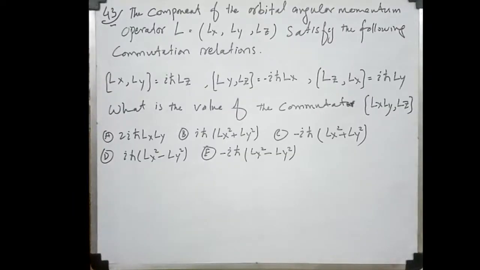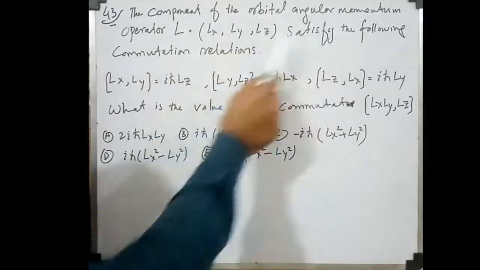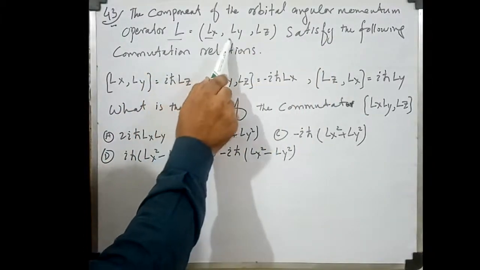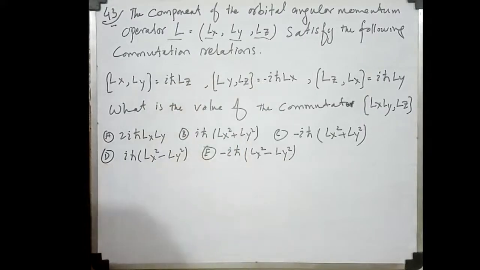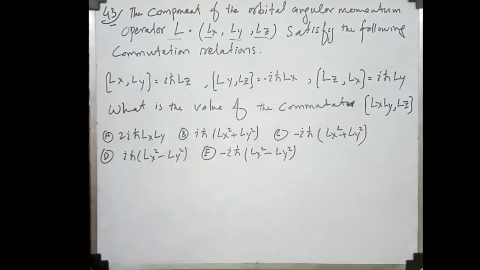Next, problem 43. The components of orbital angular momentum L, Lx, Ly and Lz, satisfy the following commutation relations. These are the commutation relations between any two components of the orbital angular momentum.